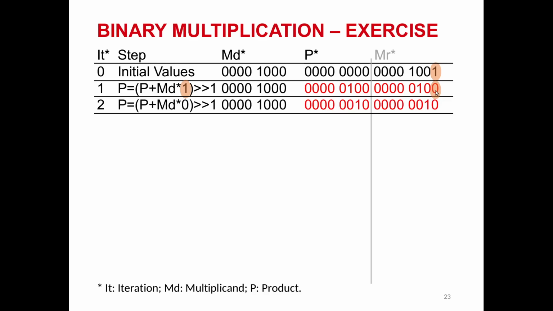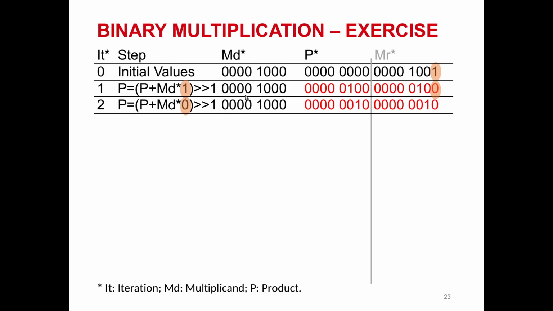So here you can see that here is 0, so we multiply MD with 0 and we added it with the higher part of P before shifting all to the right for 1 bit.